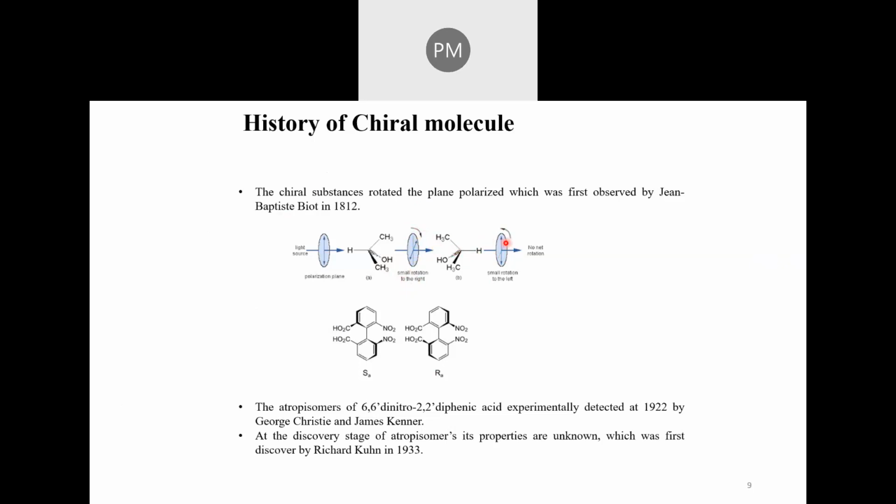If the rotation is to the left, then this molecule is our chiral molecule. And when the positive rotation and negative rotation are the same, what will happen? The total net rotation will be 0.